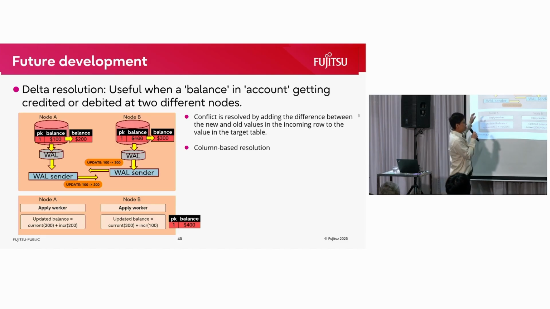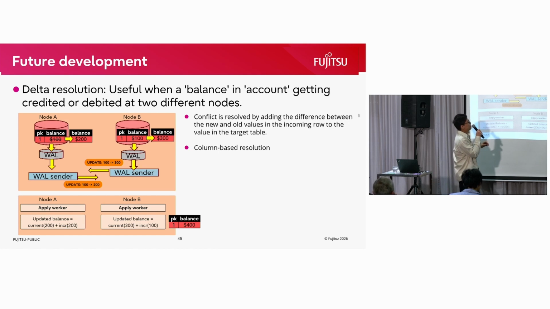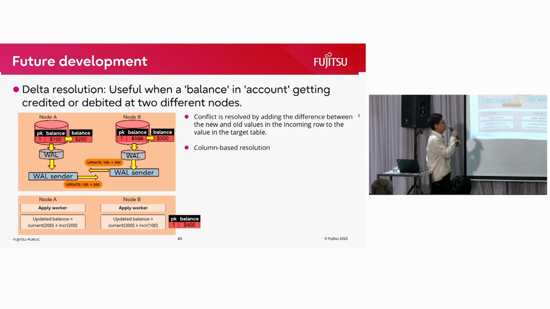So as shown in the diagram, for example, if we have a column that stores a money number, and a user on node B updates the column from $100 to $300, while another user updates node A's number from $100 to $200. If we simply use the time-based resolution, the final result will be either $200 or $300.